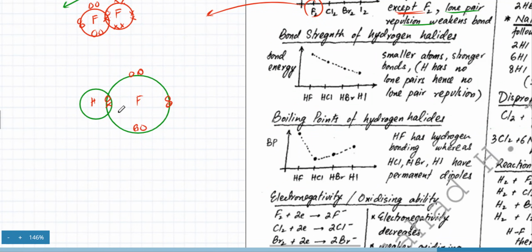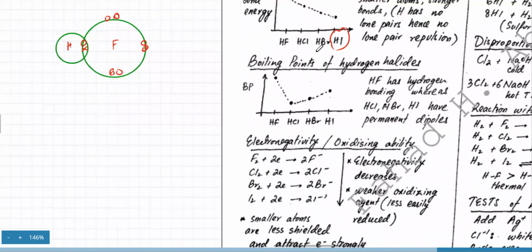It had one electron and it's sharing that one electron with the fluorine, but there would be no mutual repulsion because the rest of the hydrogen atom is completely empty. H has no lone pairs, hence no lone pair repulsion. So pretty much the trend follows. Bigger atoms are weaker, smaller atoms are stronger, and HI is very weak. It decomposes very easily.